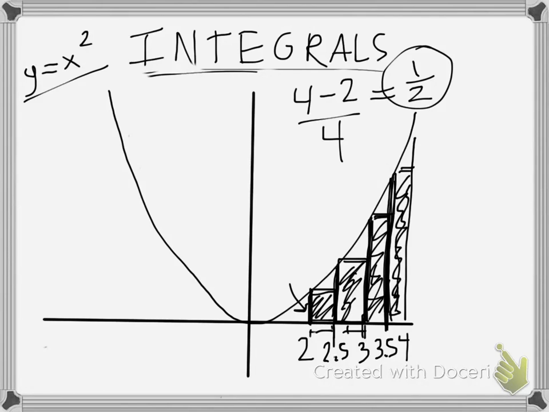Well, since it's y equals x squared, and it's at x equals 2, then the height must be 2 squared, or 4. The height here must be 2.5 squared, so 5/2 squared, or 25/4. The height here for this rectangle must be 3 squared, or 9.